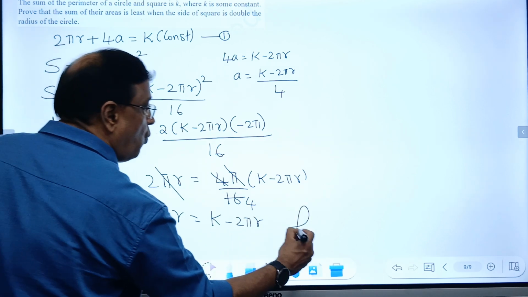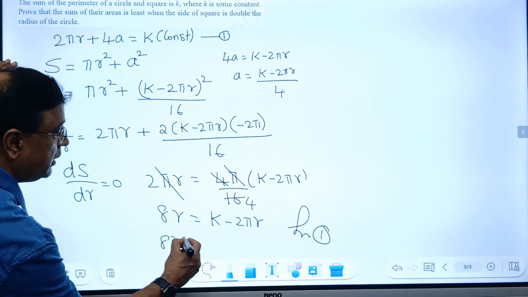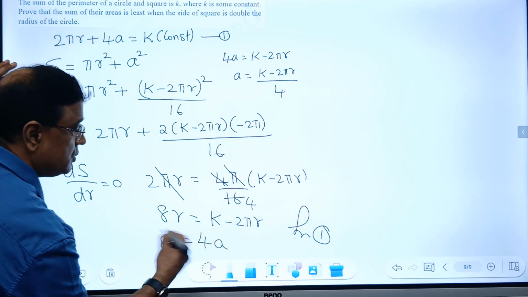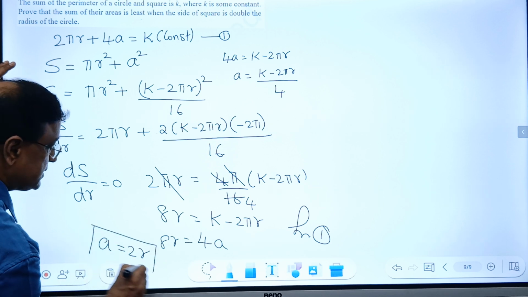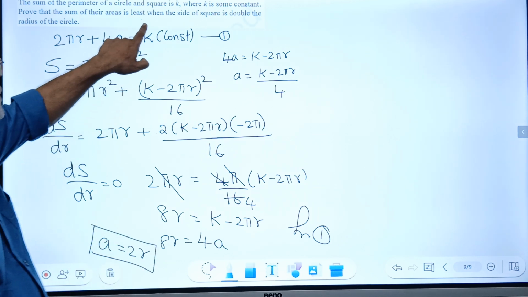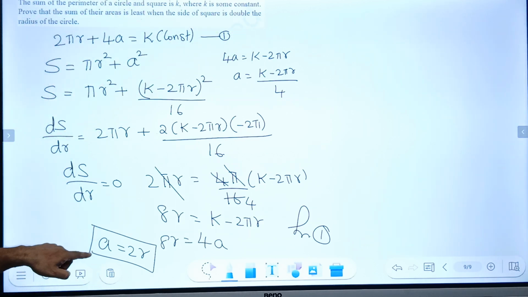But from 1, what is k minus 2 pi r? It is 4a. So from this you get a equal to 2r. This is exactly what I wanted to prove, that the side of the square is double the radius of the circle.